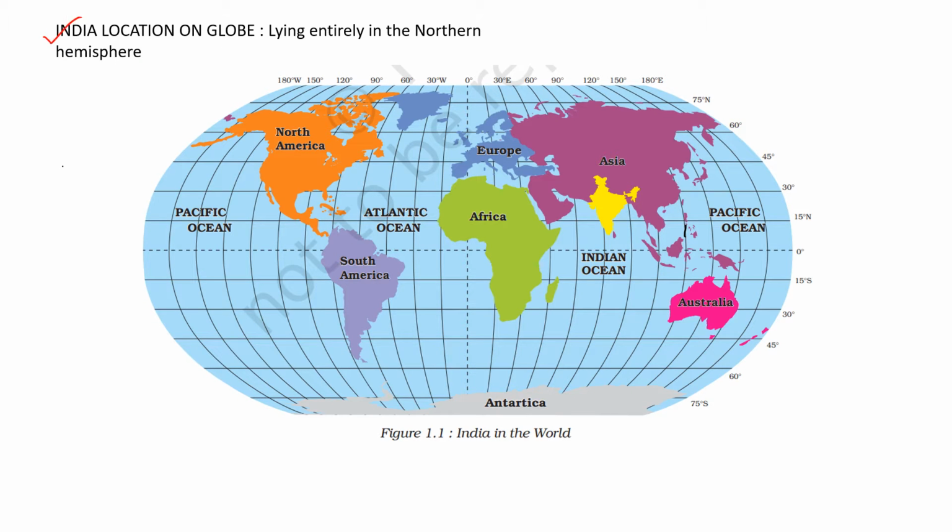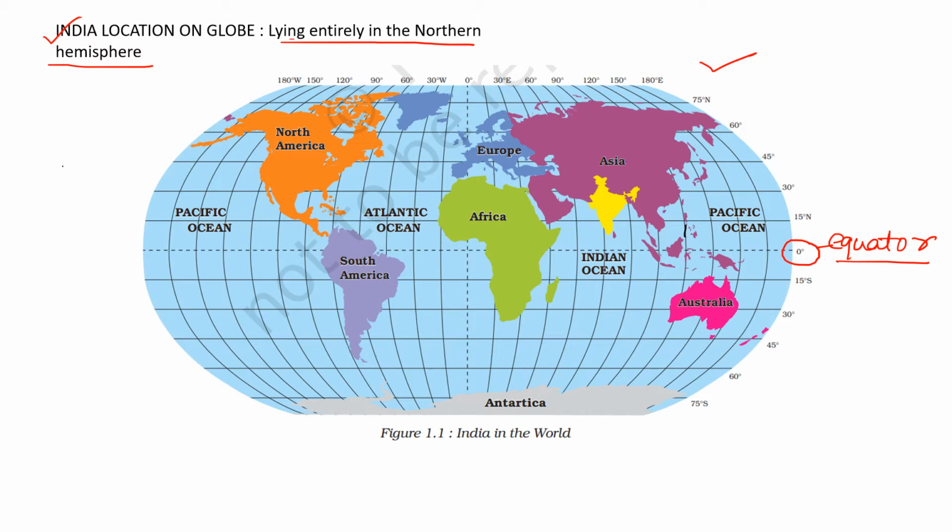India's location on the globe. India lies entirely in the northern hemisphere. This figure represents the globe on plain paper. See, 0 degree, this is the equator.